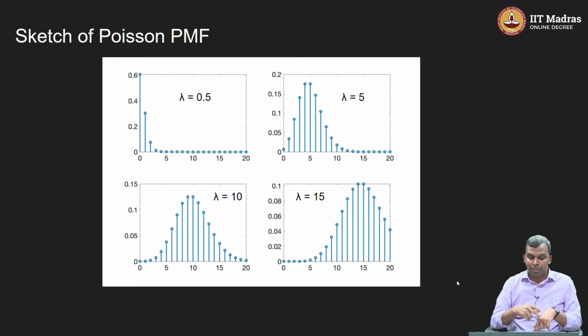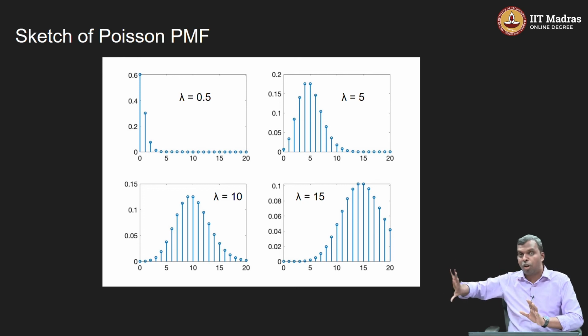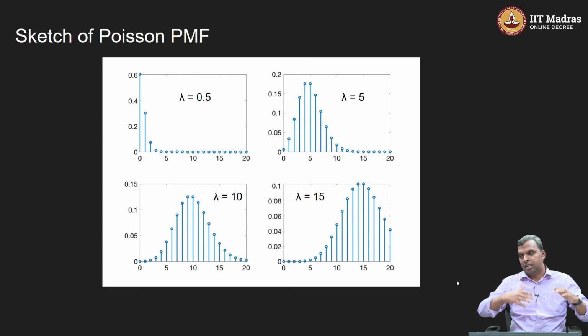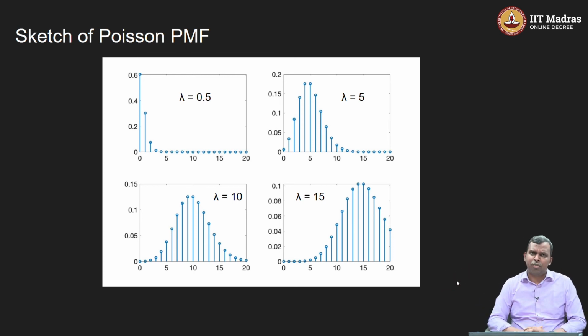When lambda is 10, the peak is close to 10. When lambda is 15, the peak is close to 15, and it has moved off to the right. This is true in general. If you keep increasing lambda, the Poisson PMF keeps shifting. So this is a very significant PMF. It has lots of practical applications. We will see one application of the Poisson PMF later on, even in this week's lecture.